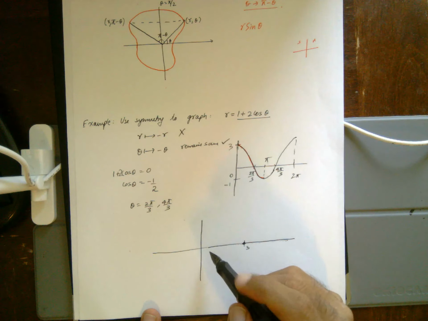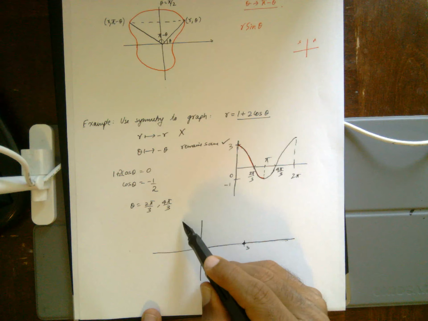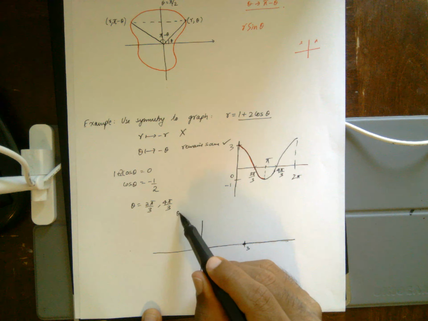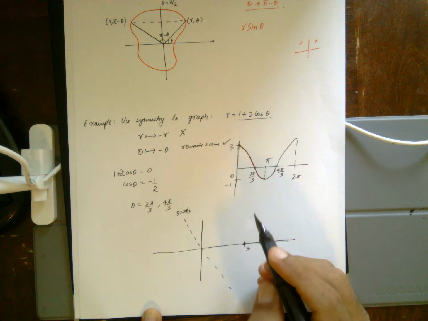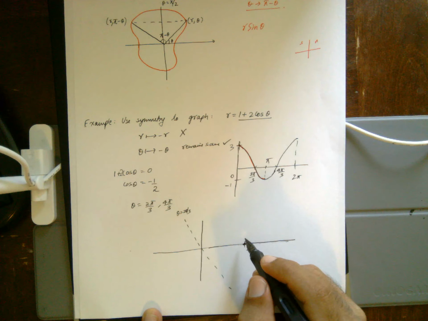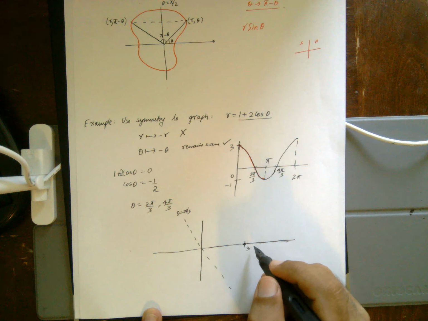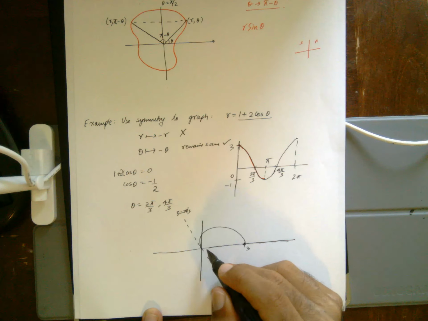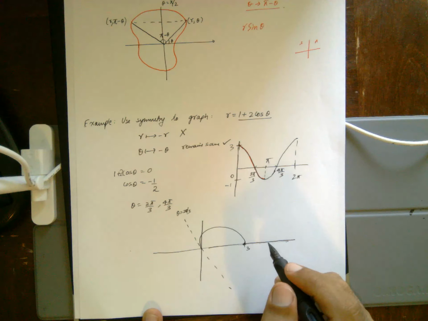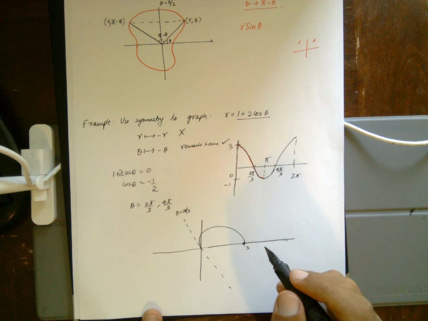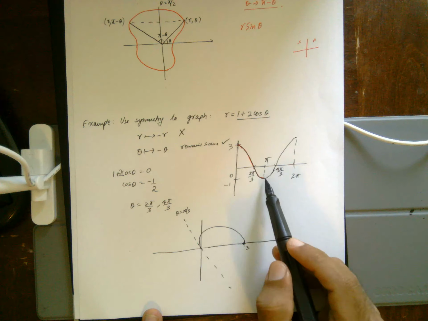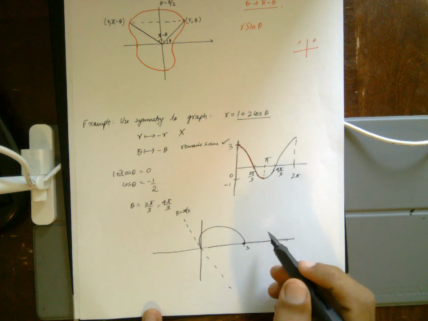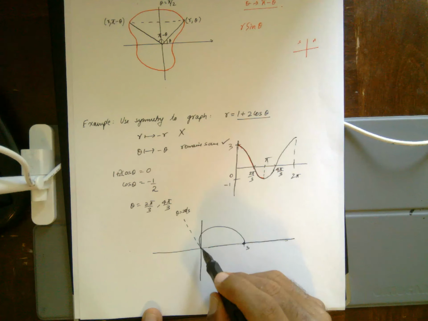Now where is this 2 pi over 3? That's 120 degrees. So that's right here. Theta is 2 pi over 3. So I only become 0 all the way here. And then what happens? From there onwards to pi, I sort of increase again to get to 1.